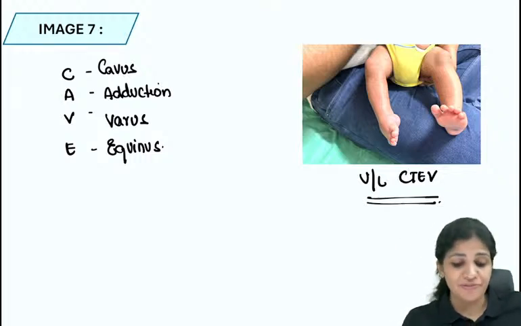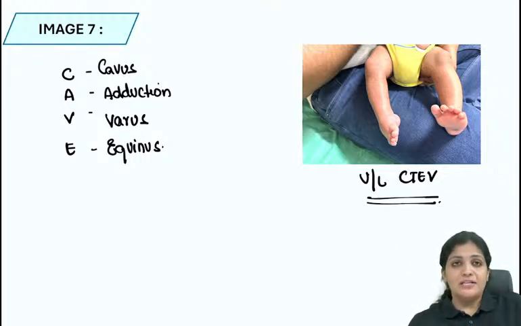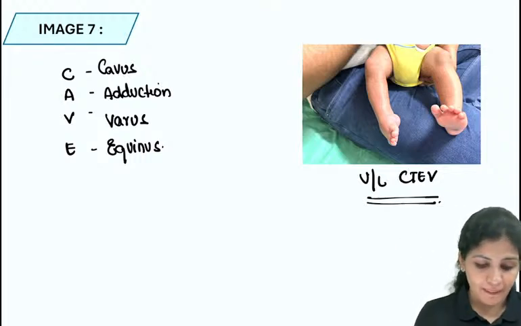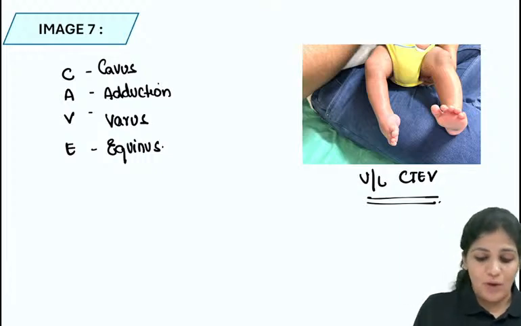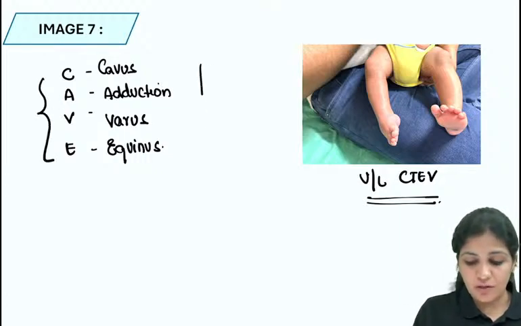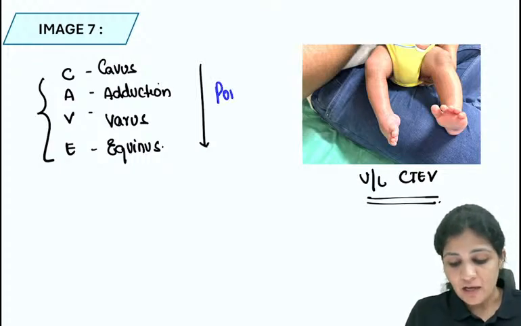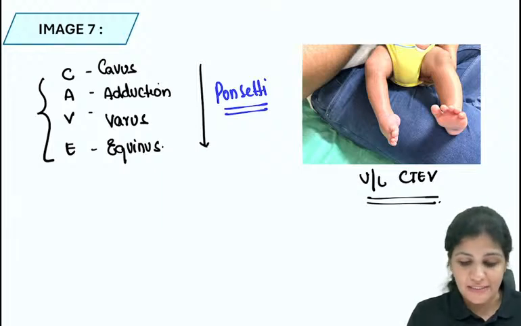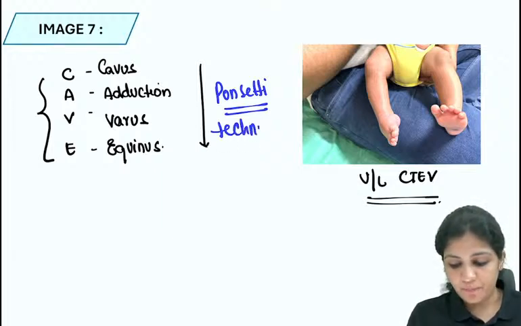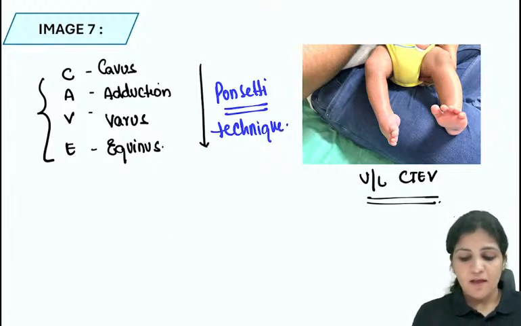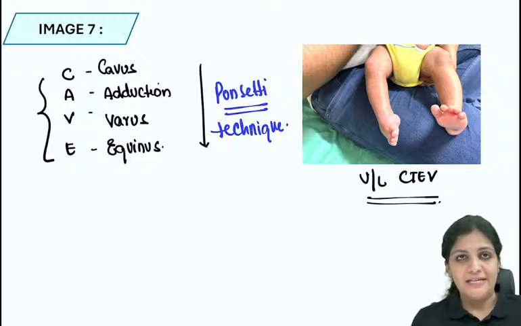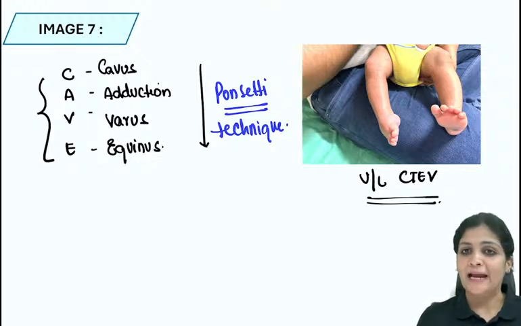Right, you can see only one foot which is into CTEV. So what is the deformity of CTEV? Cavus, adduction, varus, equinus. The order of correction is also the same. First you correct the cavus, then the adduction, then varus, then equinus, as told to us by Ponseti. So there is a Ponseti technique which we use. Correction is in the same order: cavus, adduction, varus, and equinus.